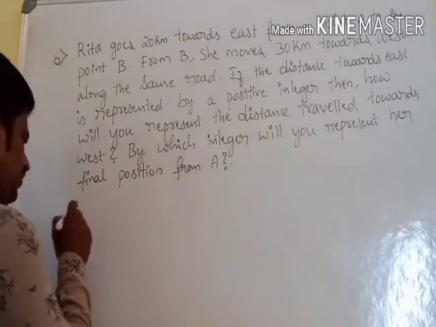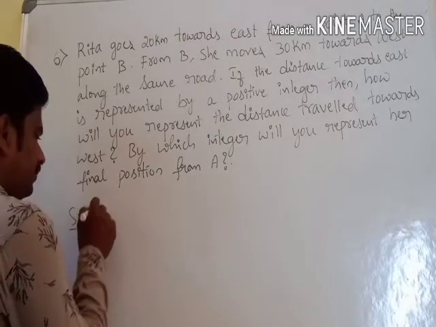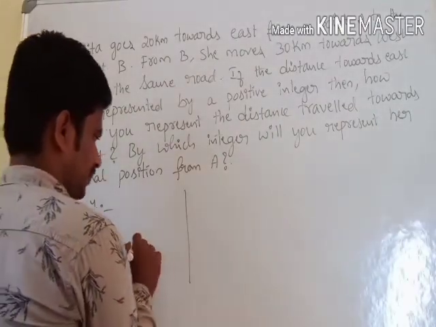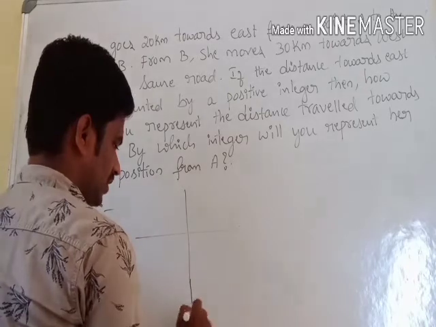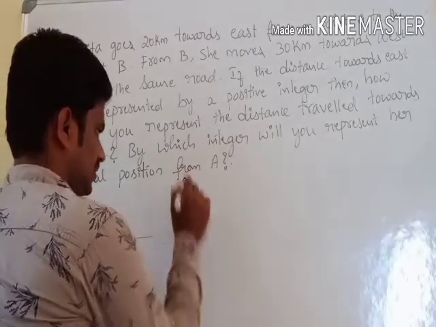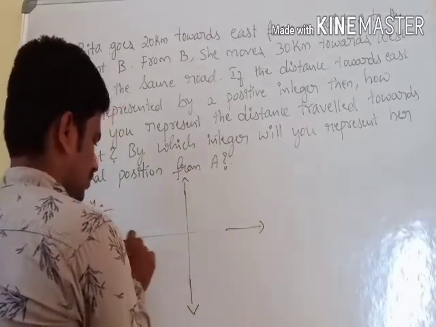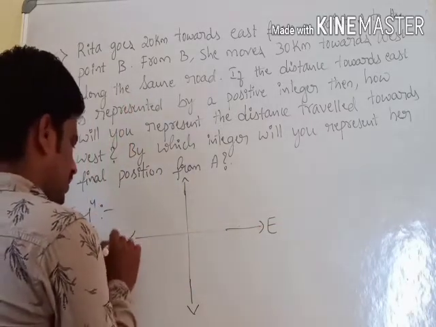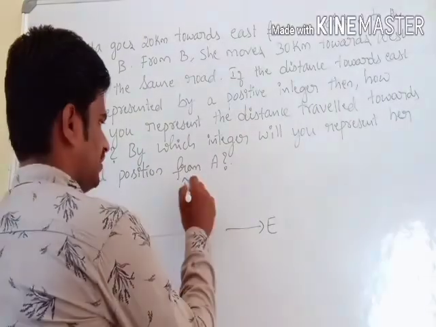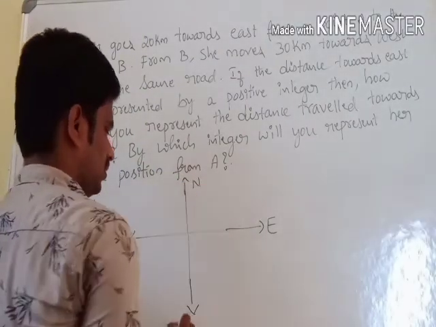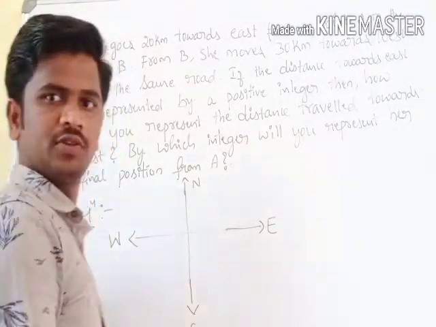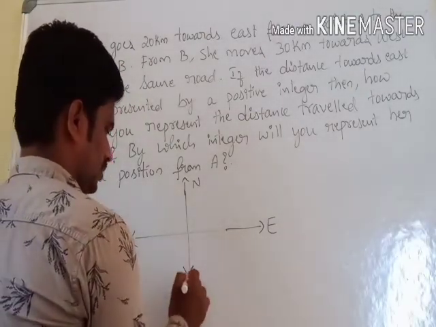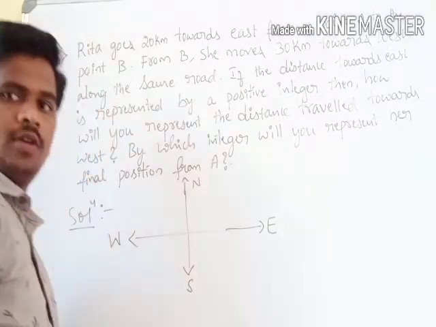Okay. For this one, I will consider a map, that is, you consider the axis. Suppose this is east, so this one will be west, this one is north, and this one is south.